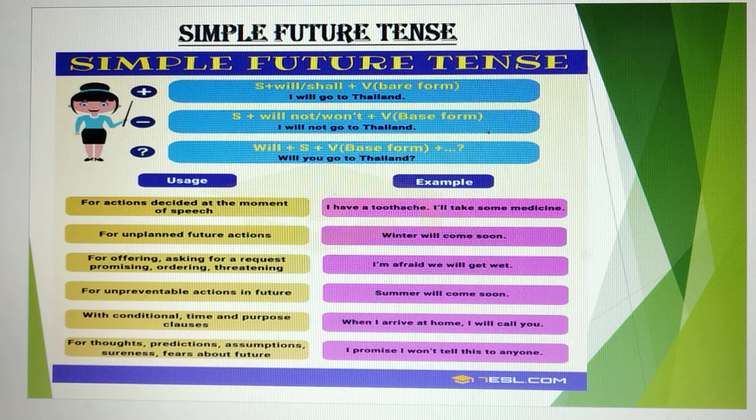Okay. We all know that we use helping verbs here, will and shall. And we use base form of the verb, that is verb first form. Now just take one note into that. Shall is traditionally used with the first person singular or plural we.